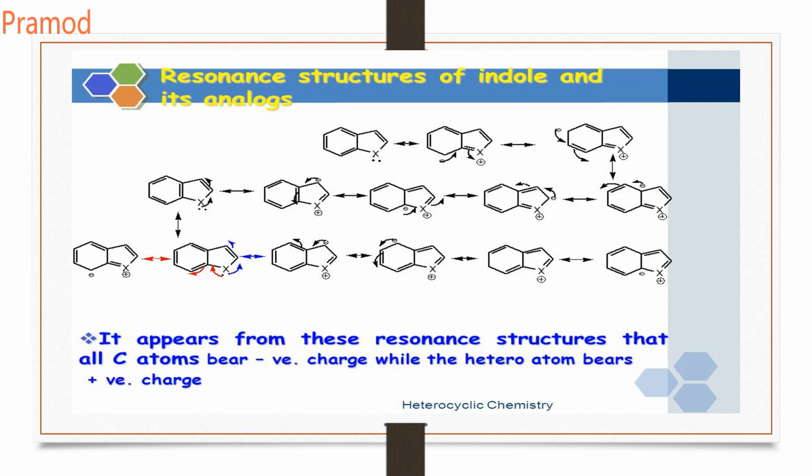You can see the resonating structures; this will be the same for benzothiophene and benzofuran. In all the structures, the carbon bears a negative charge. That's why it favors electrophilic substitution reaction, and the heteroatom bears the positive charge.